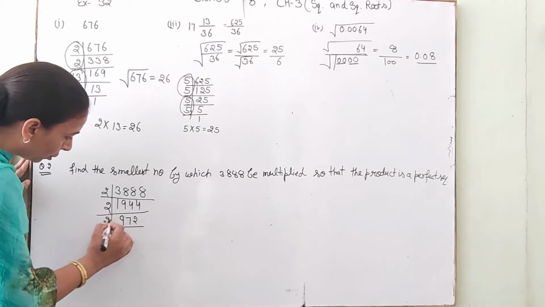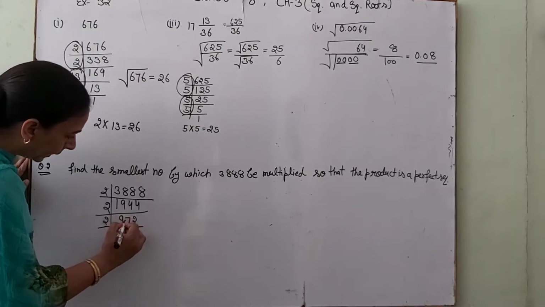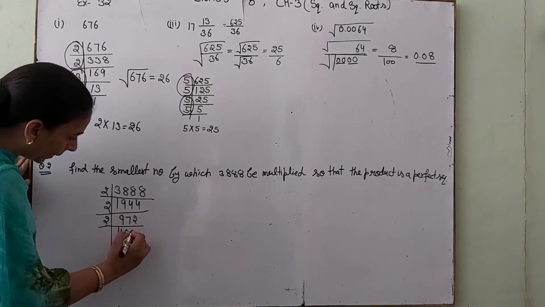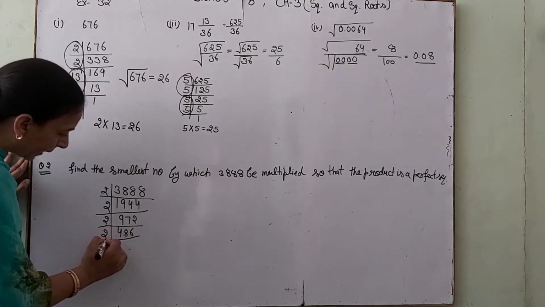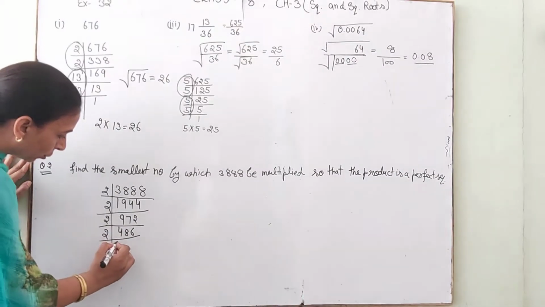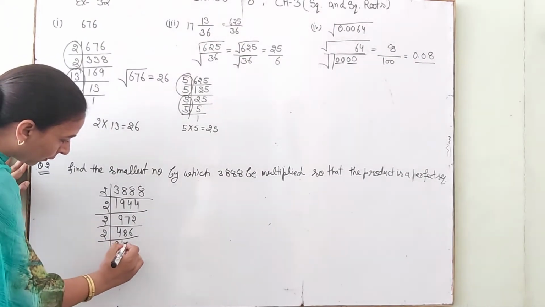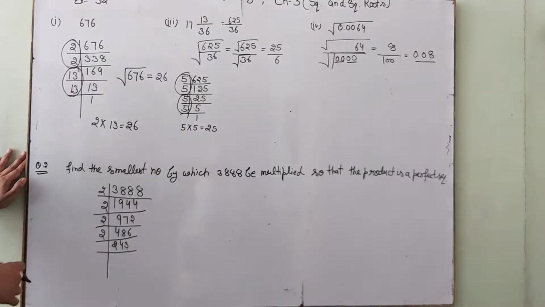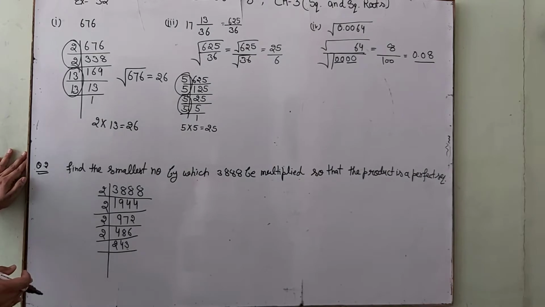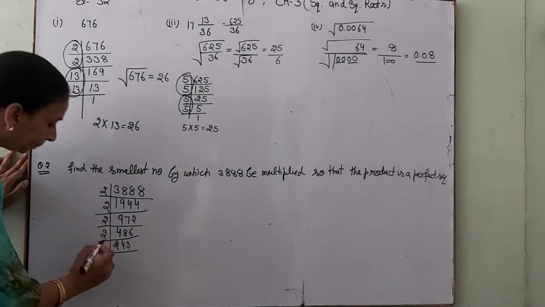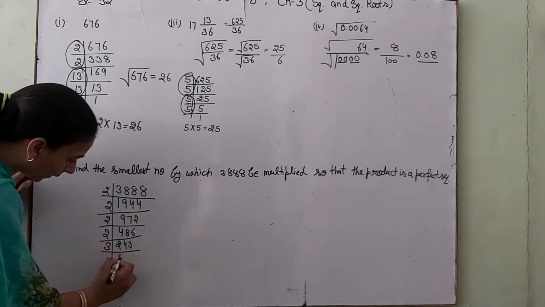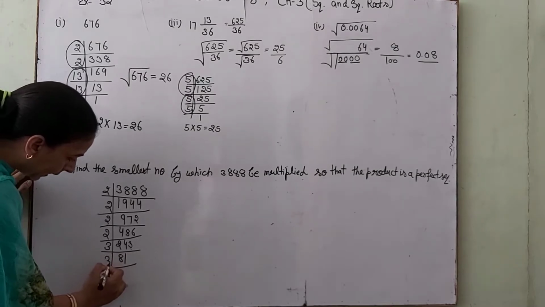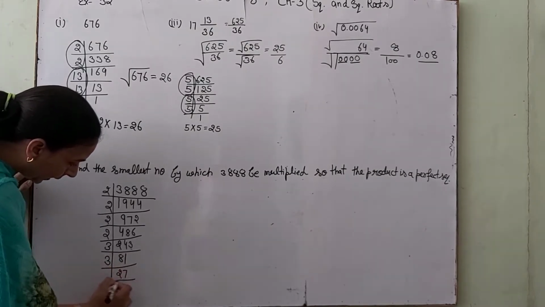Divided by 2 gives 1944, again by 2 gives 972, again by 2 gives 486, again by 2 gives 243. The digit sum is 9, so it is divided by 3, giving 81, then 27.